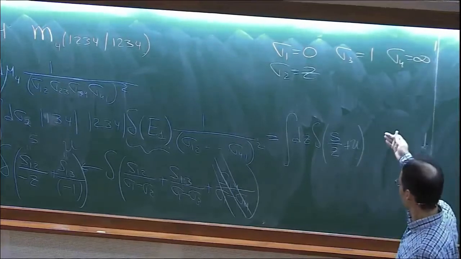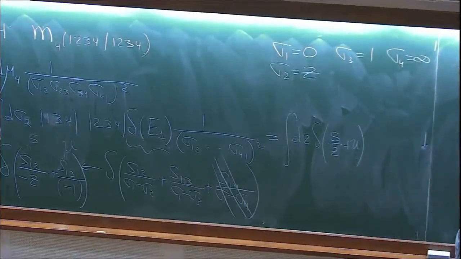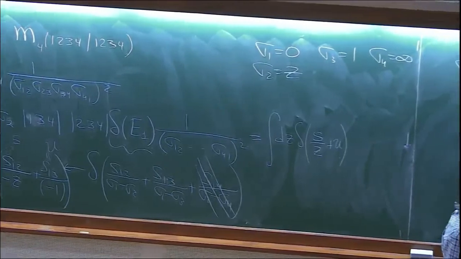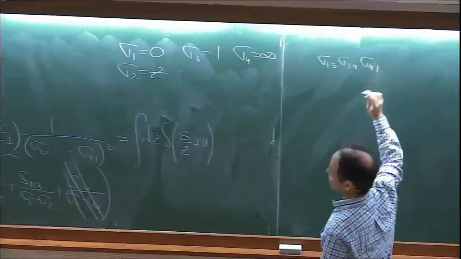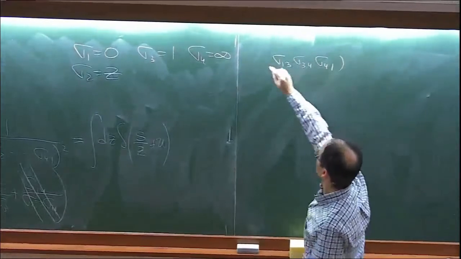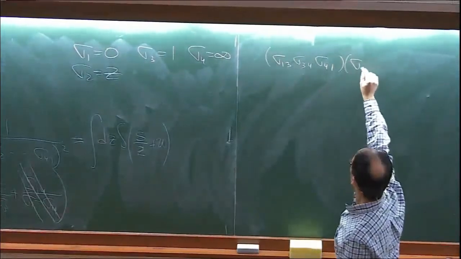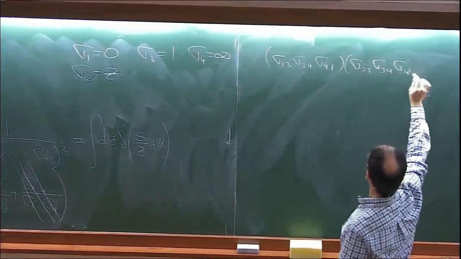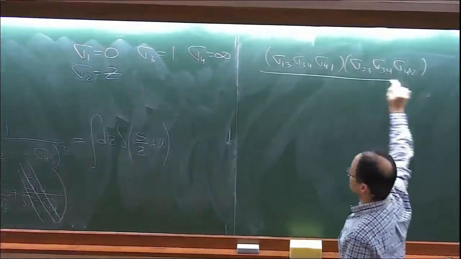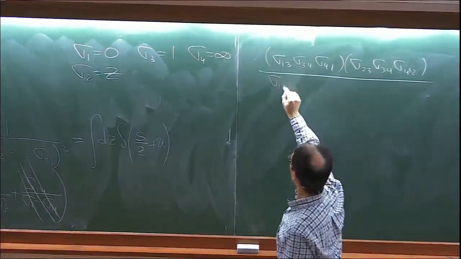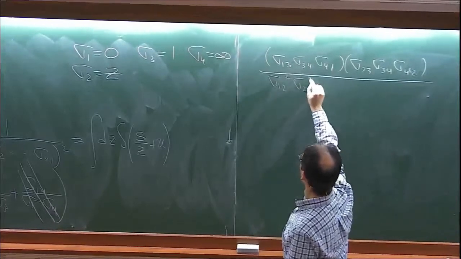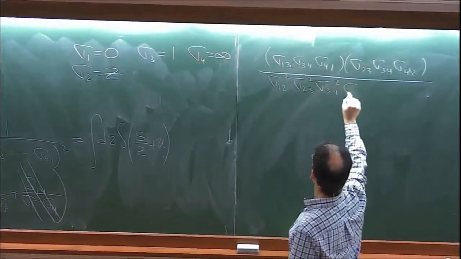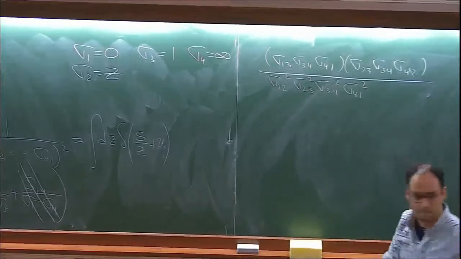So let's start and do it here. The first Vandermonde determinant gives me sigma 13, sigma 34, sigma 41. The second Vandermonde determinant gives me sigma 23, sigma 34, sigma 42. And in the denominator, we have sigma 12 squared, 23 squared, 34 squared, 41 squared.